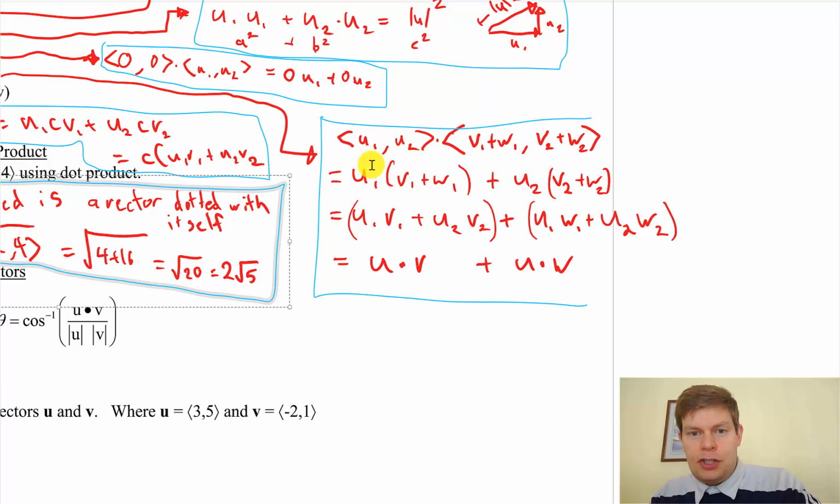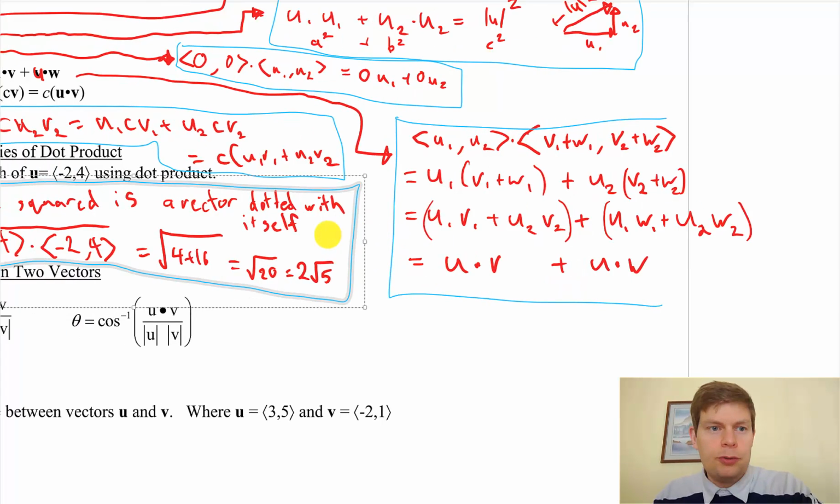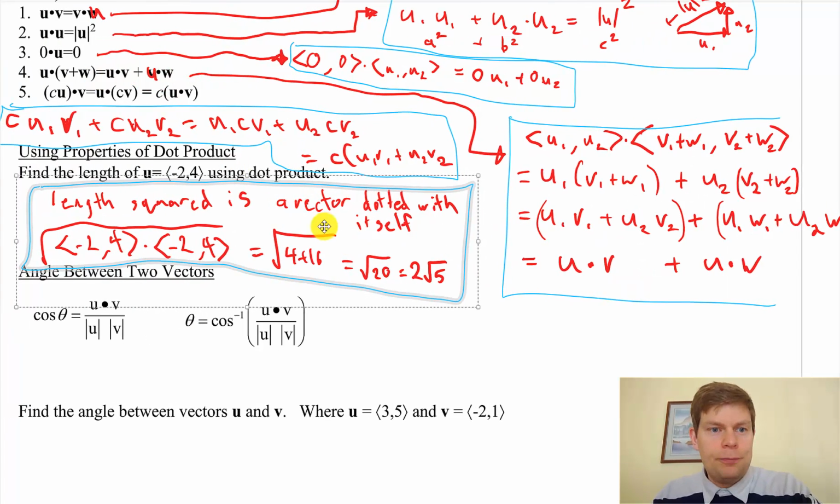And then I regrouped stuff. So we have u1 v1 plus u1 w1 plus u2 v2 plus u2 w2. But I got all the things with v's together over here and all the things with w's over here, and I put brackets around it just so you could see that, hey, wait a second, this is just u dot v right here, and this is just u dot w there. So that's my little proof for that guy.